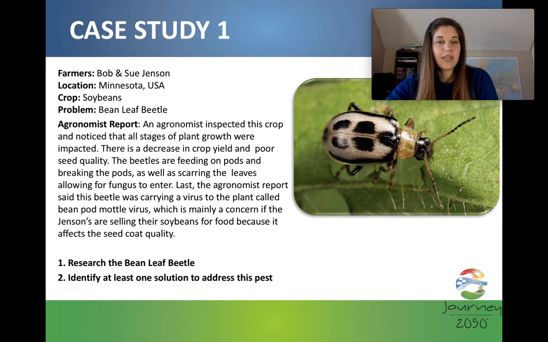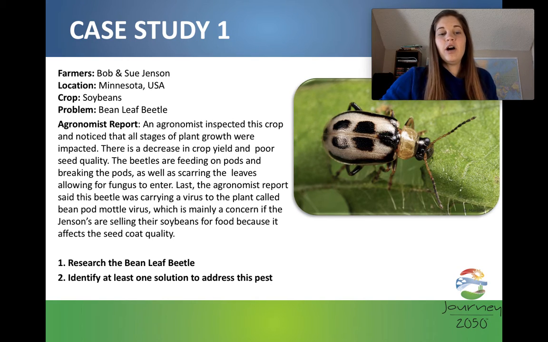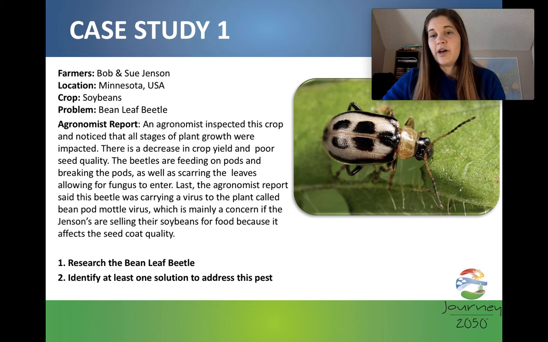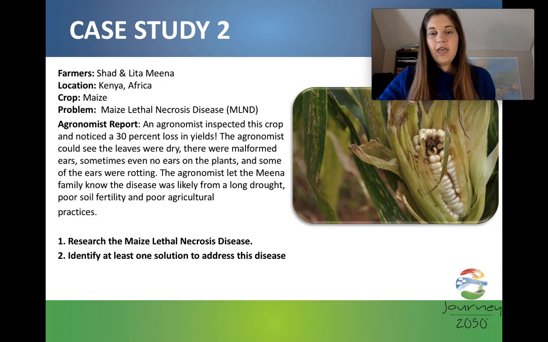There you have it. Okay, so what we're going to do now is look at two case studies. They're going to be online. Basically, we talked about how nutrients can help plants be more resistant to insects and other yield-limiting factors. So we have two case studies here. One is looking at bean leaf beetle, and one is looking at a corn disease.